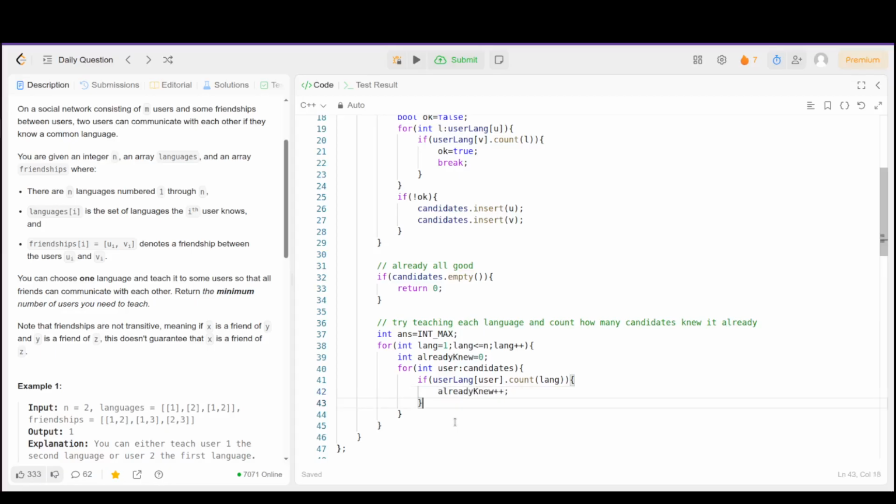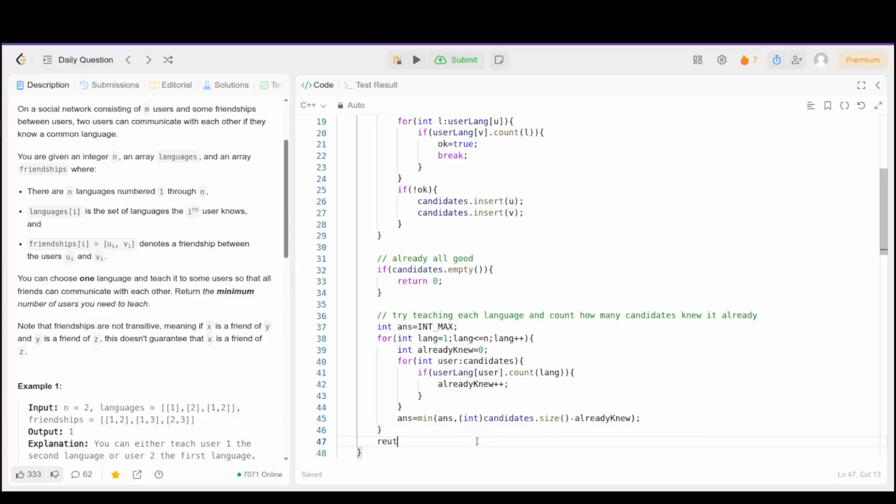At the end, answer is equal to the minimum of answer and candidates dot size minus already new. That means if there are, let's say, 4 candidates and 3 of them already know it, then we have to teach only 1 candidate, so that's why I subtract it.